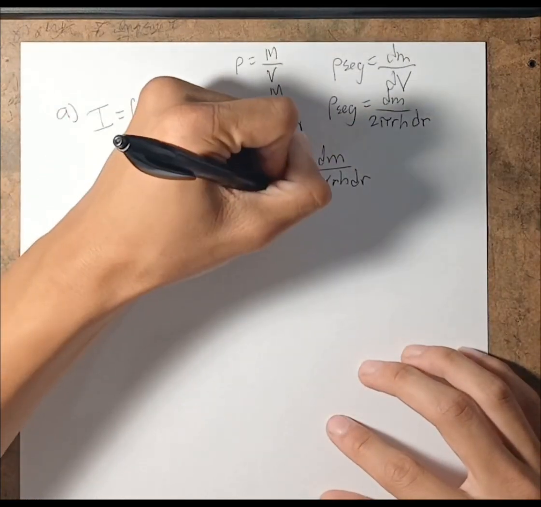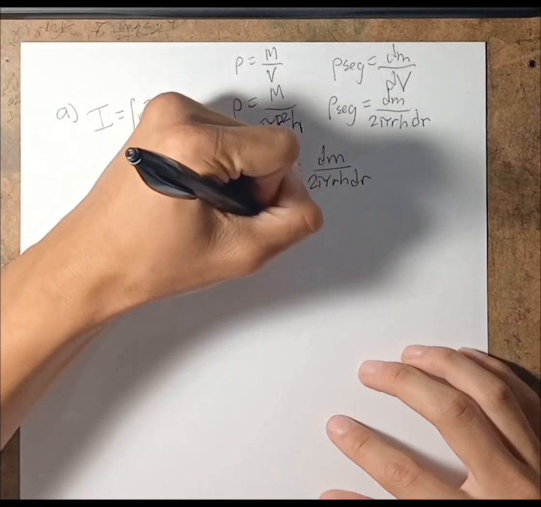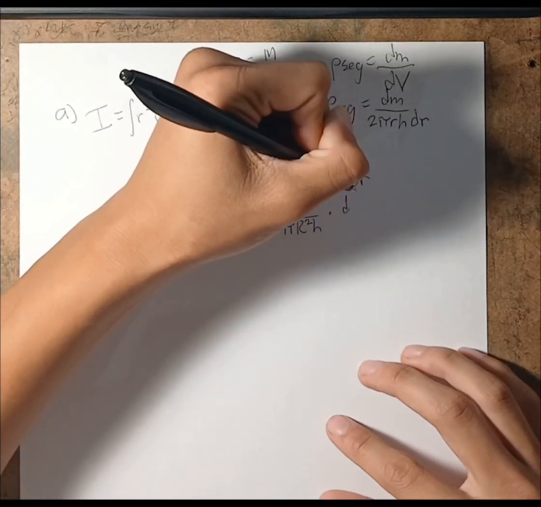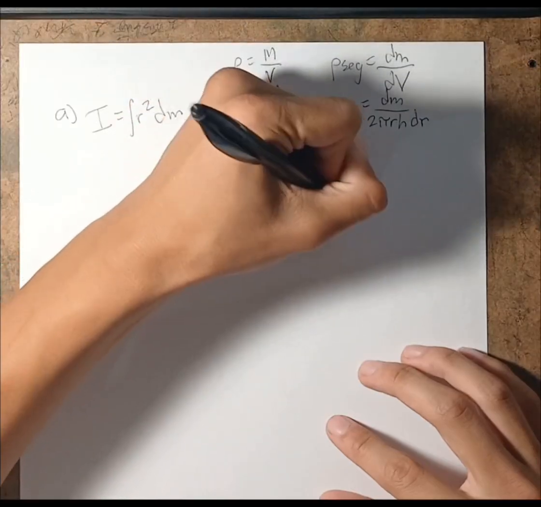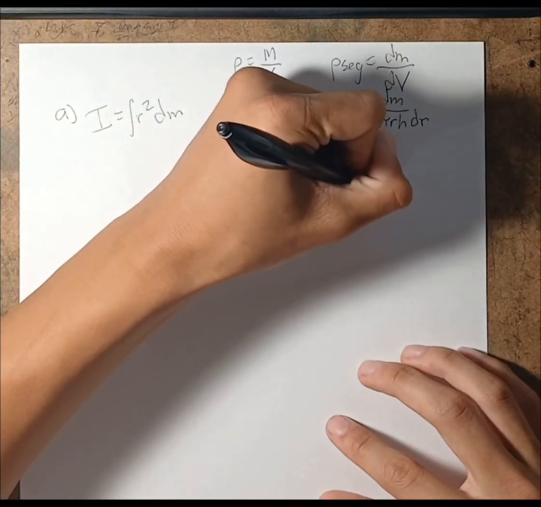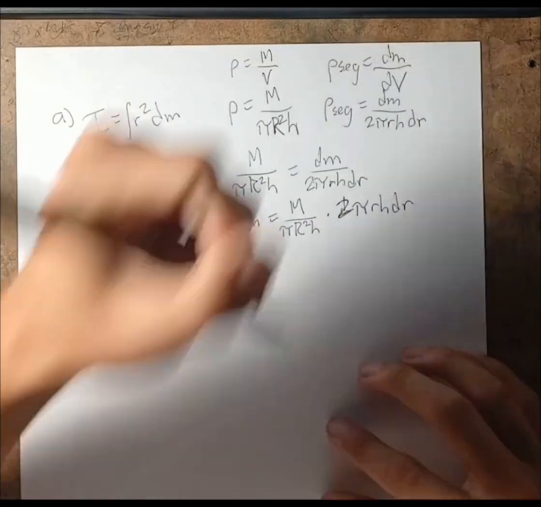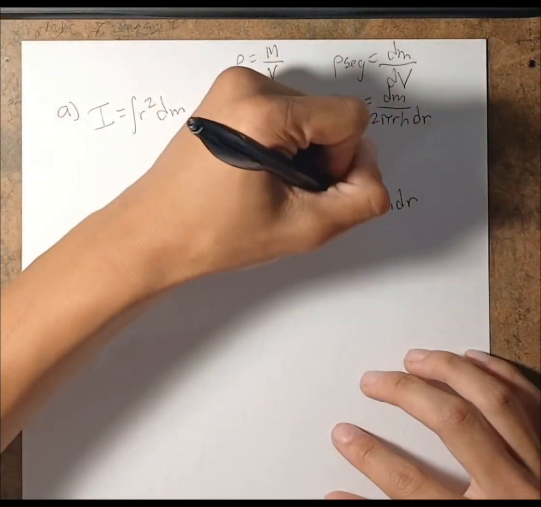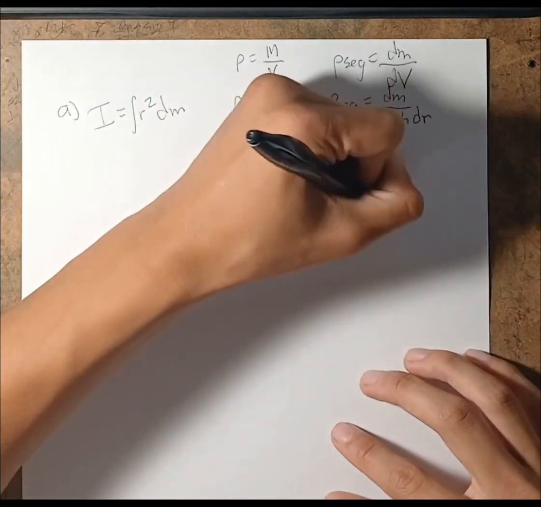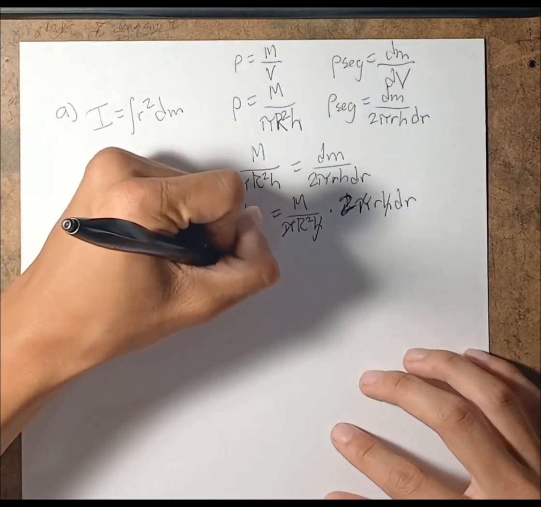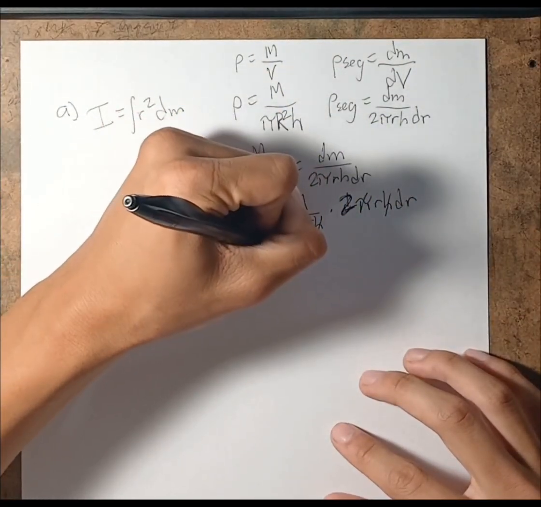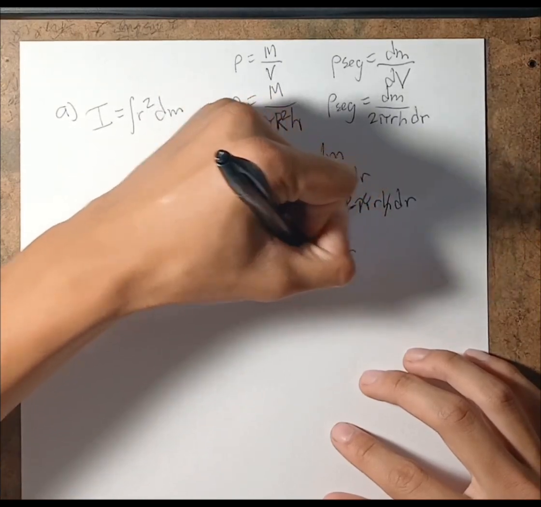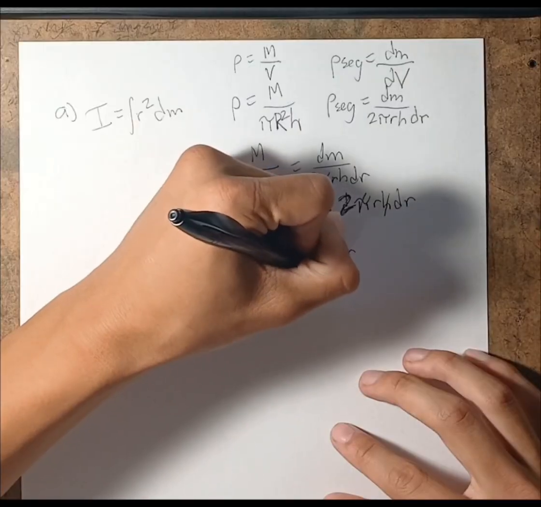The pi's cancel, the h's cancel, and so dm equals 2m little r dr over big R squared.